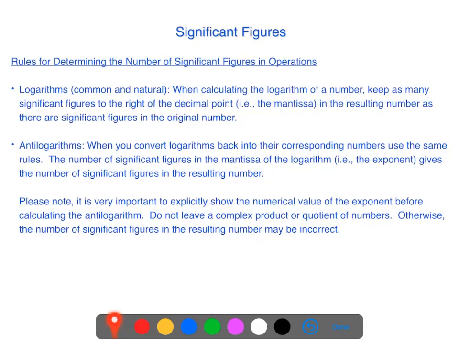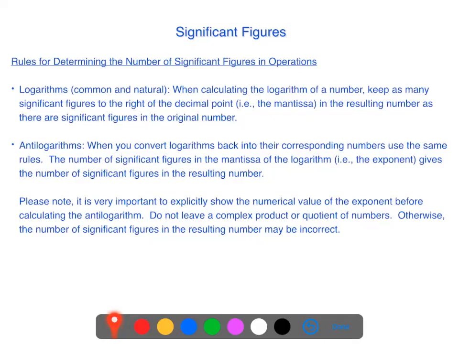So for example, if you're taking the log or ln of a number that contains 4 sig figs, then the resulting number should have 4 sig figs to the right of the decimal point.